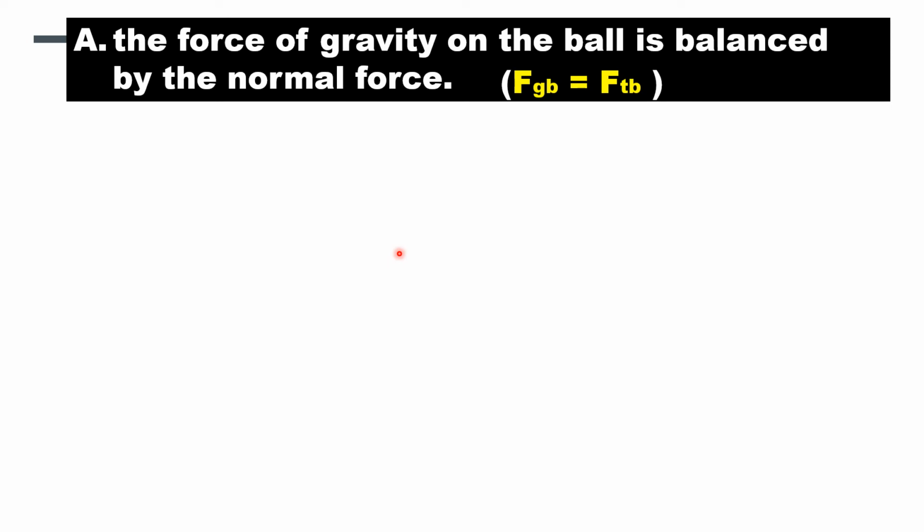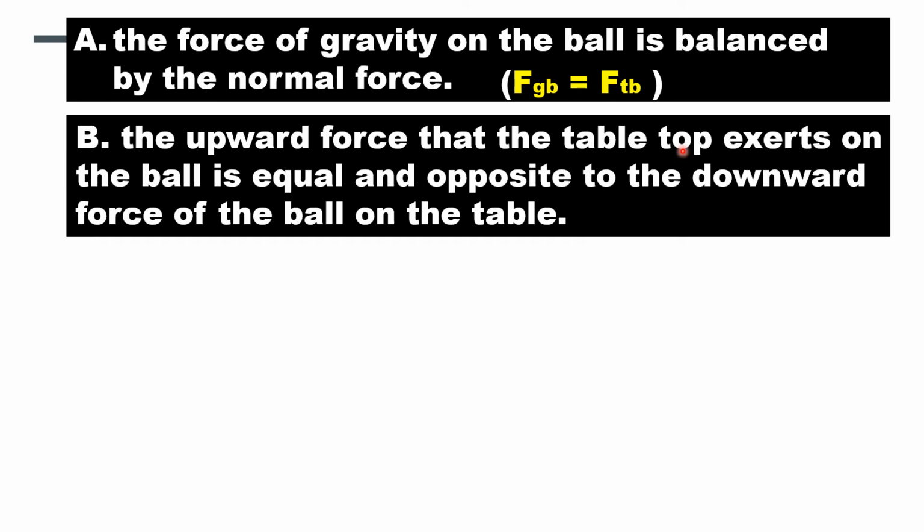Take note that the two forces being equated here have subscripts whose second letter is the same, B and B. This means these two forces are acting on the same body, which is the ball. Now, how about explanation in letter B? The upward force that the tabletop exerts on the ball is equal and opposite to the downward force of the ball on the table.